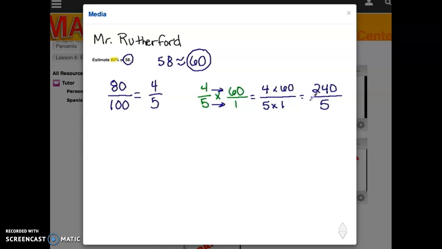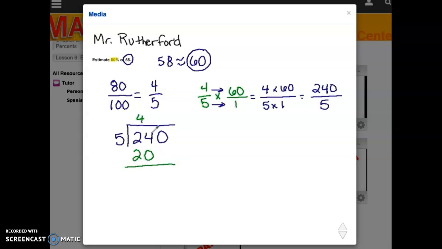Now let's find this quotient. Remember, quotient just means a division problem. So we have 5 going into 240. If we divide these two, we have 5 goes into 20, so that goes into 20 4 times.